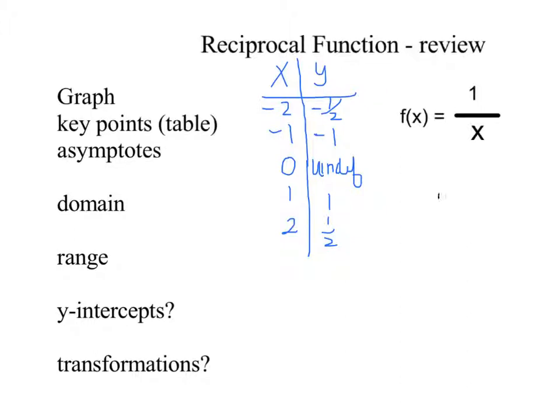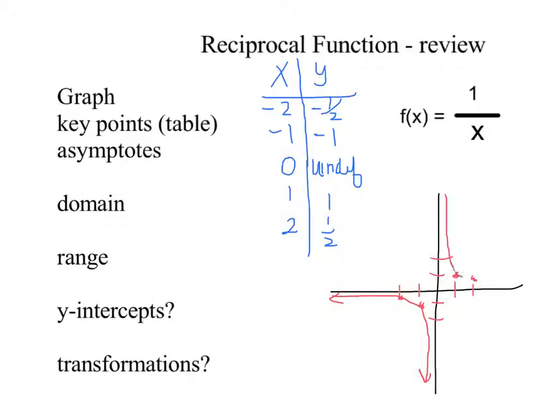So if you put it in a graph and you did just a few key points, you would say that at -2, it would be at -1/2, -1, -1. And what you would see is that it would be a graph that looked a lot like this in the third quadrant. If I graph the other ones, right, I had 2 and 1/2 and 1, 1, then it looks like this in the first quadrant.